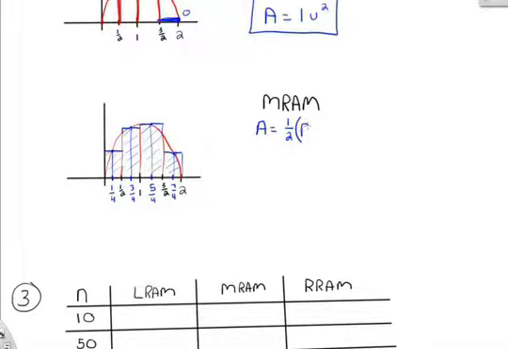So I'm going to say, for now, f of 1/4 plus the next one is going to be the value at 3/4 plus f of 5/4, and then plus f of 7/4.